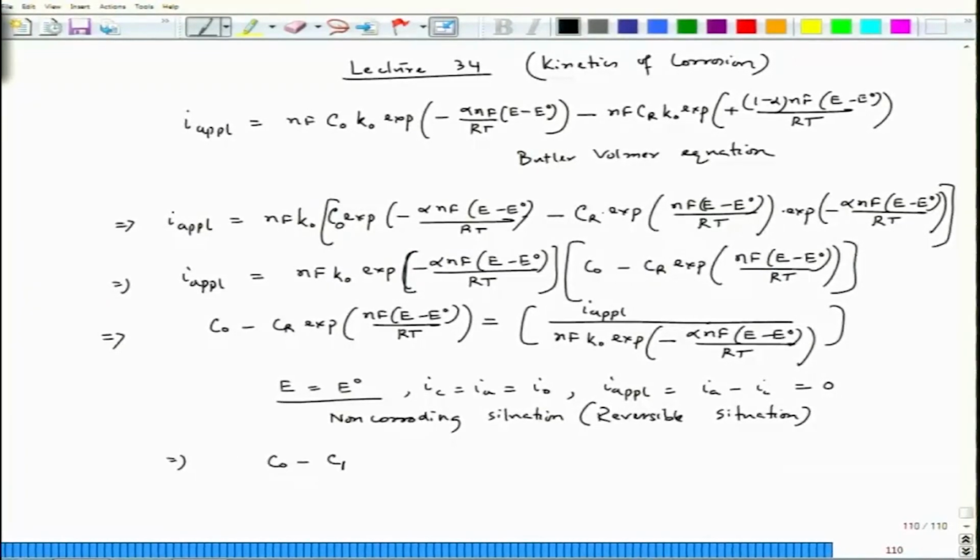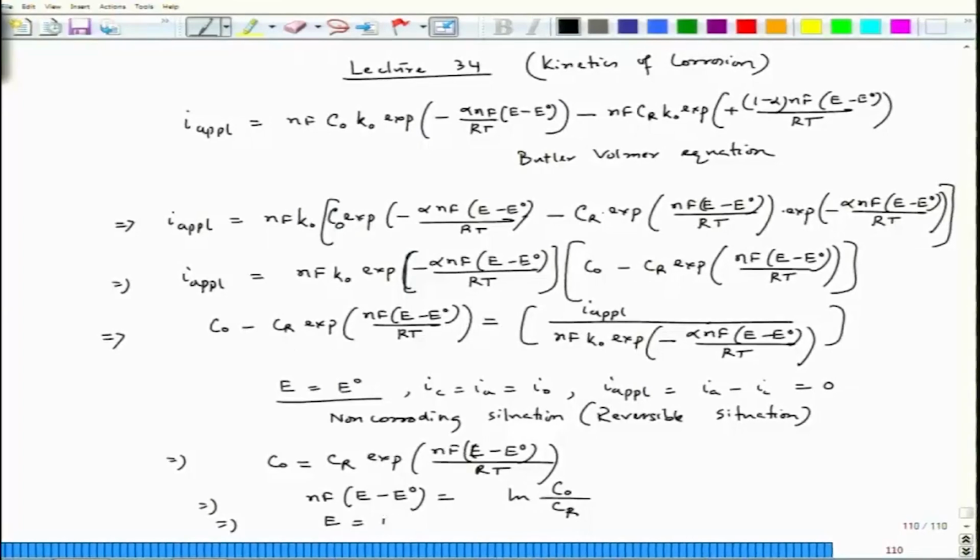So, the C_O by C_R exponential nF (E minus E0) by RT equal to 1, that is nF (E minus E0) equal to ln C_O by C_R, or E equal to E0 plus RT by nF ln C_O by C_R.